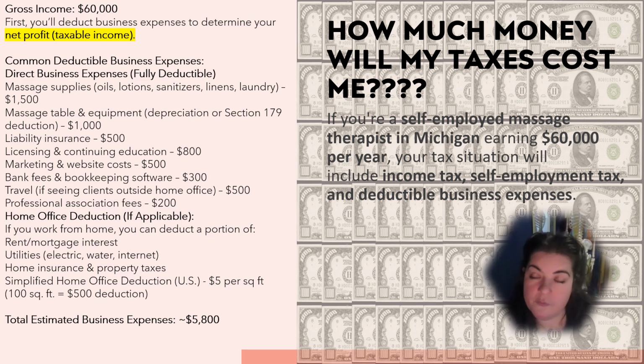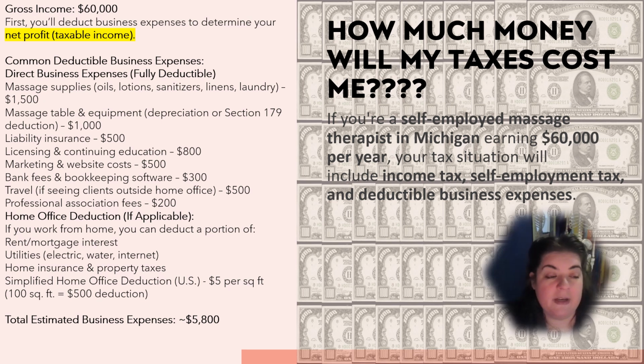Also, if you work from home, if you have a home office, you can also do that deduction. You can deduct a portion of your rent or mortgage. So if you use 10% of your house, you can deduct 10% of your mortgage from your income. Utilities, home insurance, and property taxes, you need to proportion that to the amount of the space that you are using for your business, but you can do that.